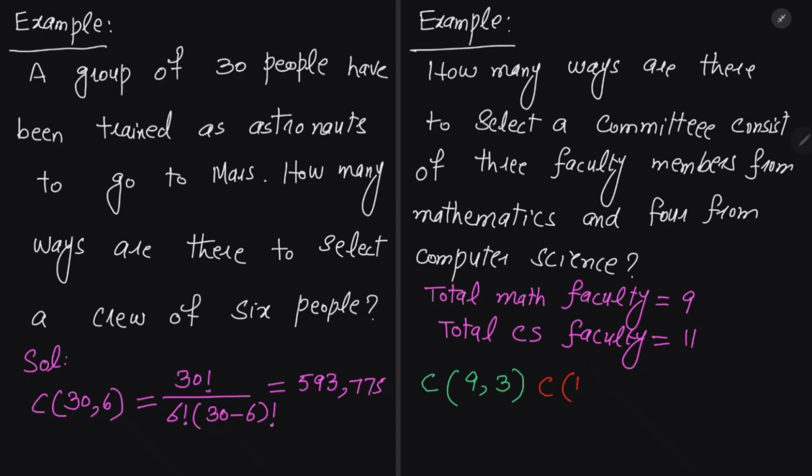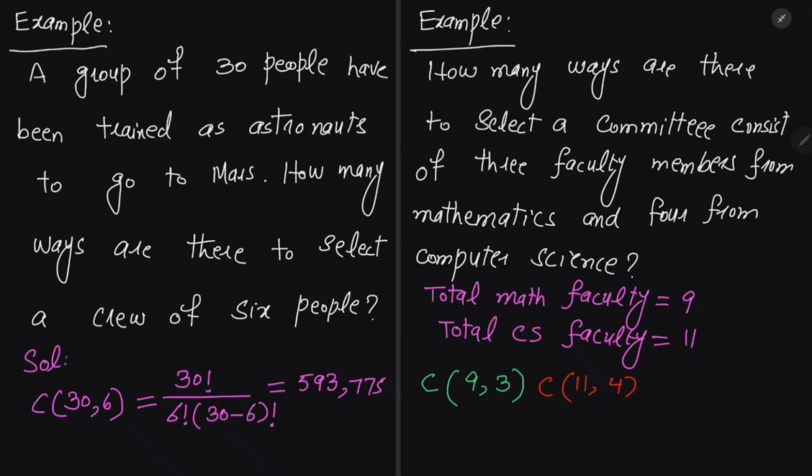If the computer science faculty is 11, and from these 11 you want to send 4 faculty members to be part of that committee, we need all these different ways multiplied together so that we can get the total number of arrangements to form a committee.